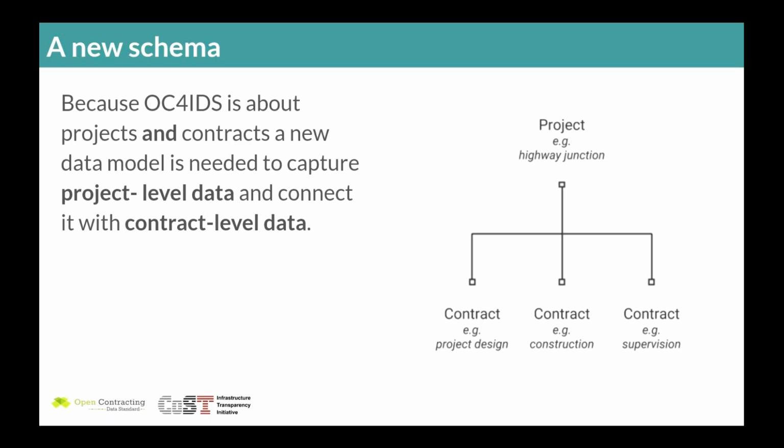So what we needed was a new data model to capture the project level data and then connect it up with the contract level data. And OCDS provides the models and structures which we can reuse to represent many of the elements in CoST IDS.